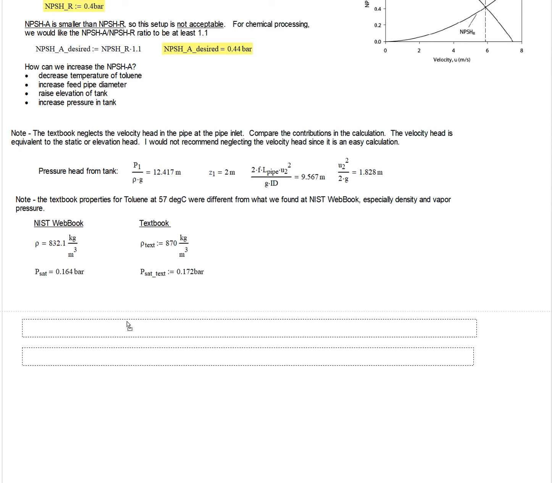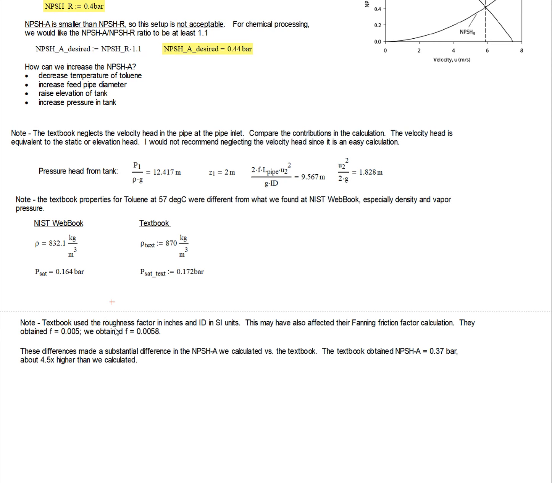Another thing that I thought was not well done by the textbook is that they were using the roughness factor in ID in SI units, and there was a little bit of a difference, not that much, but enough of a difference in the friction factor that I question what they were doing in the textbook.